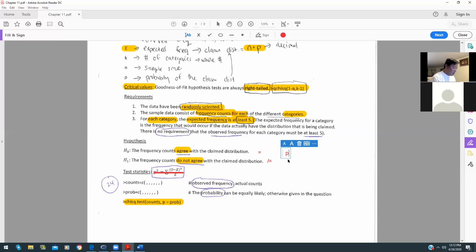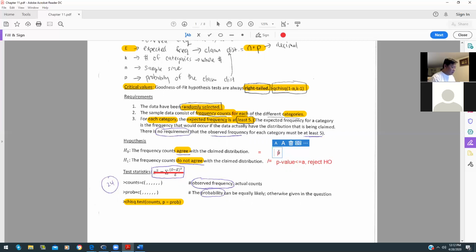So if your p-value is less than alpha, we reject H0, right? Rejecting H0 means you're taking your H1. So if your p-value is less than alpha, then your conclusion will say the counts do not agree with the claim.